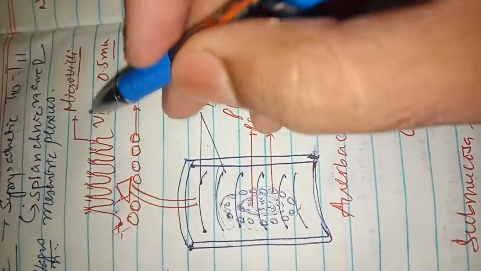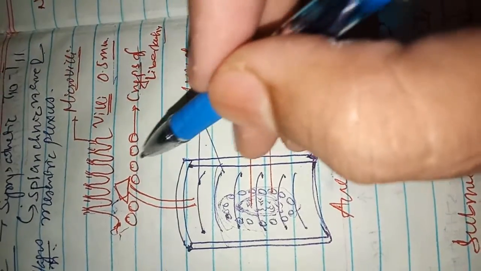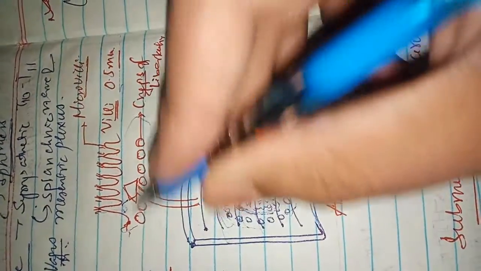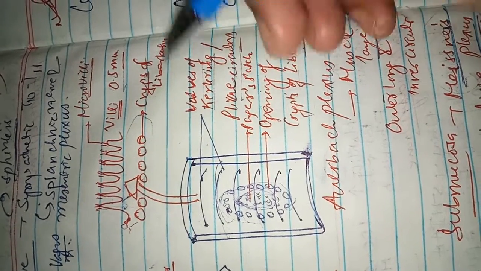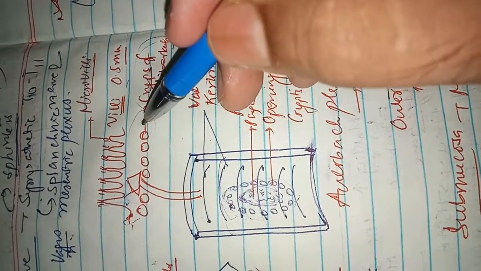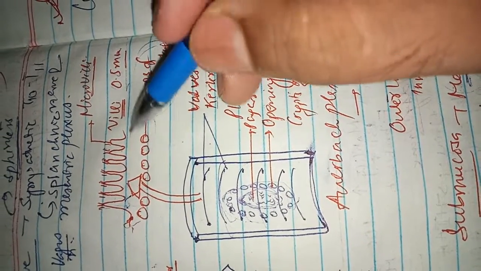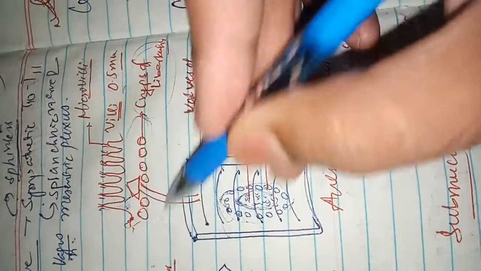This is the brush border epithelium, which contains the microvilli and the villi having a length of 0.5 millimeter. In the lamina propria, the Peyer's patches are present, and there are the crypts of Lieberkühn, the intestinal glands.